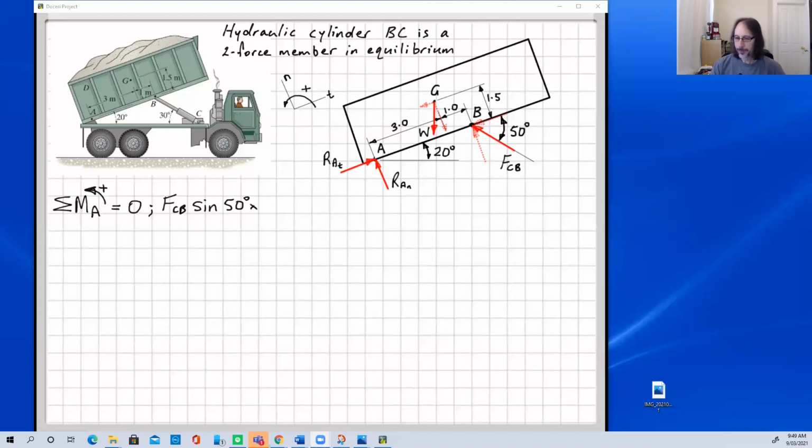All right, the next one. Oh, sorry, we need to put in that distance first. The distance from this force down to A is 3 plus 1, which is given for us over here in our question. Then we have the weight force.